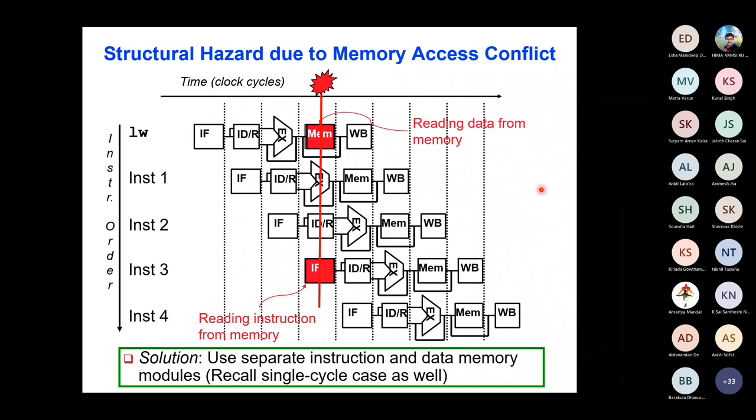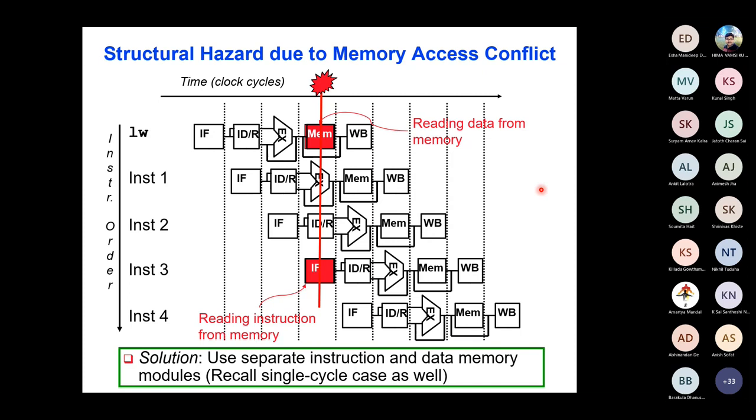So this is an example of structural hazard, but there may be more complicated structural hazards if the pipeline is longer. For example, if I have a pipelined floating point implementation for addition and multiplication, those have many stages, and we might have a structural conflict, a structural hazard in the pipeline. So this is a conflict of hardware resources.